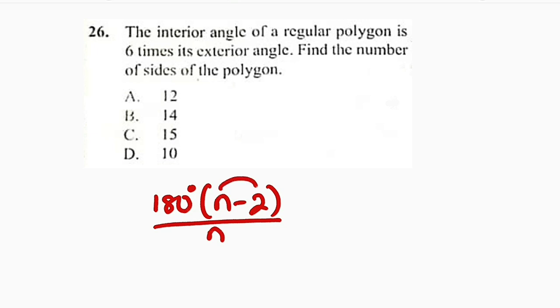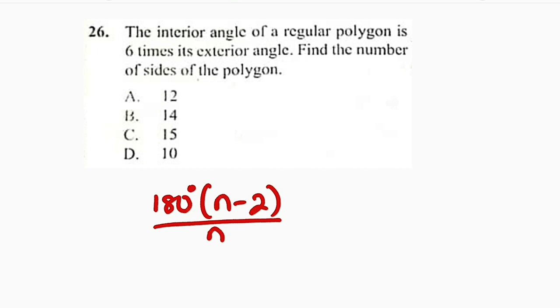So 3 minus 2 is 1 times 180 is 180, divide by 3 is 60. So in case of an equilateral triangle, you can substitute n equal to 3 to get every single angle. So we have just obtained the measure of every single angle in that regular polygon.